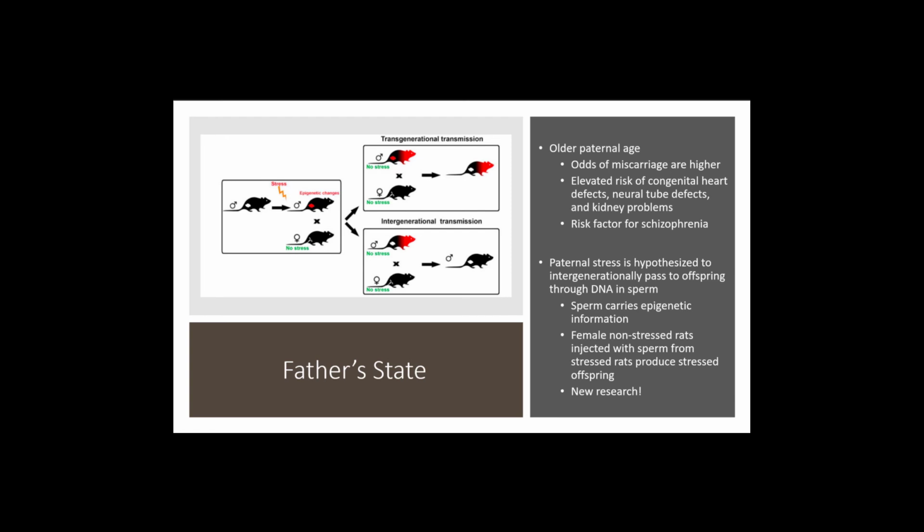Sperm carries epigenetic information. Female non-stressed rats injected with sperm from stressed rats produce stressed offspring. So the idea is, say, the mother's not stressed at all, but in this study, they took sperm from a stressed rat and injected it into the mother, and even though that mother was not stressed, the rat offspring still showed signs behaviorally of being stressed out.